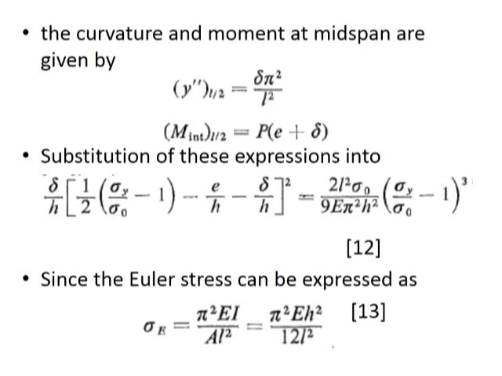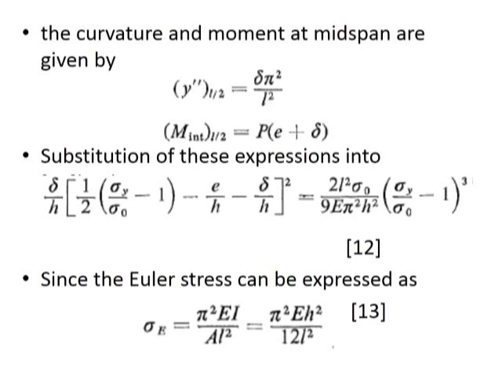The substitution of these expressions into the above can be expressed as delta by h into half into (sigma Y by sigma naught minus 1) minus (e by h plus delta by h) whole square, which is equal to 2 L squared sigma naught divided by E into pi squared h squared into (sigma Y by sigma naught minus 1) to the power cube.